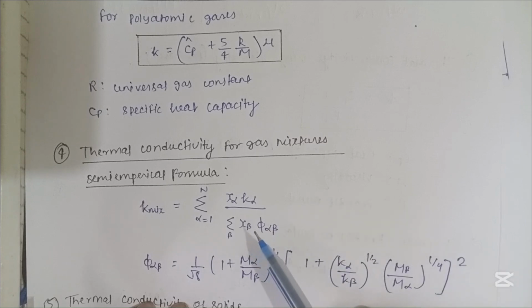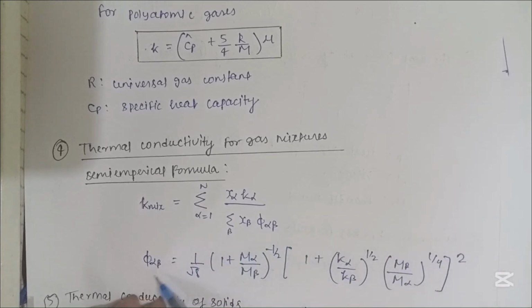Ki is the thermal conductivity of the pure component. Phi alpha beta is the interaction parameter between component I and J. It is a coefficient constant.